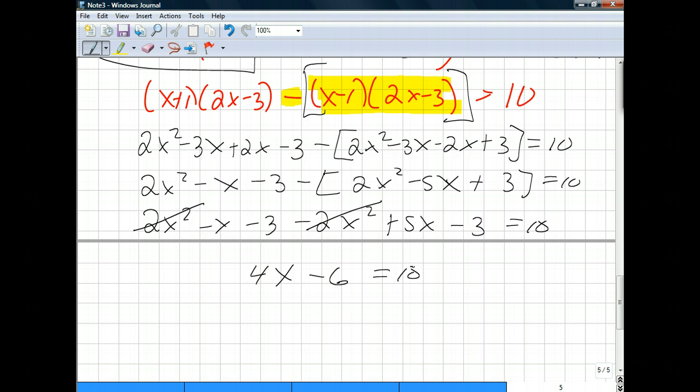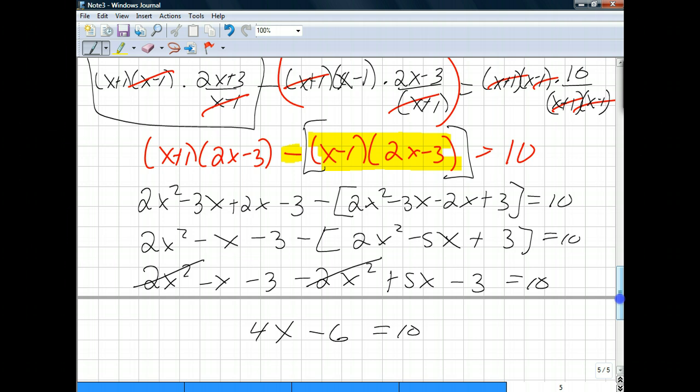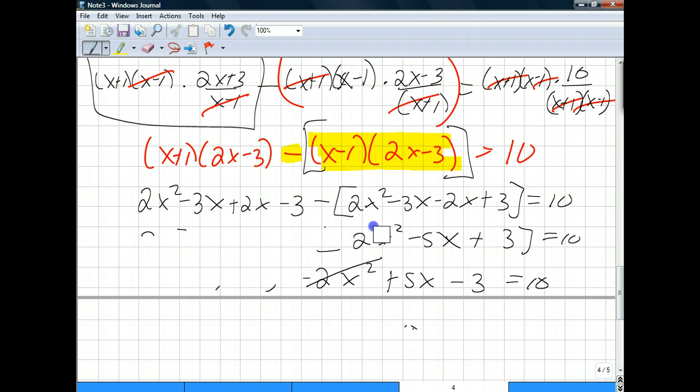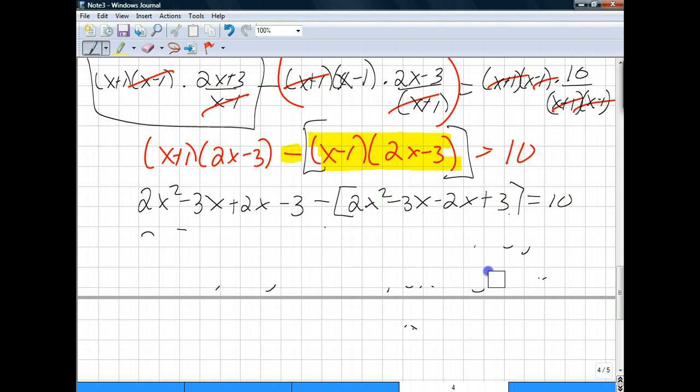Okay, and whoops, let's go back. I made a mistake up here. I made a sign error. That's what I get for trying to hurry. So let's go back and fix this. This actually should have been a plus right here. So that makes this a plus, and that makes this a plus. Sorry about that. I shouldn't hurry like that.